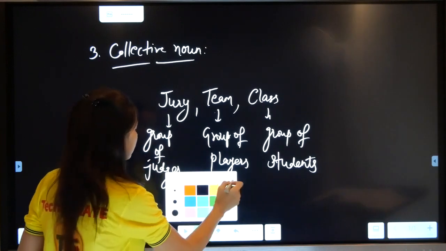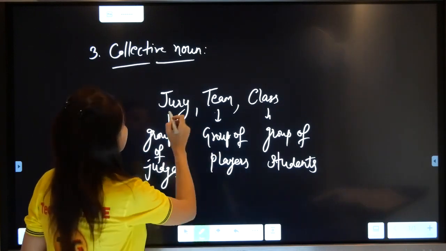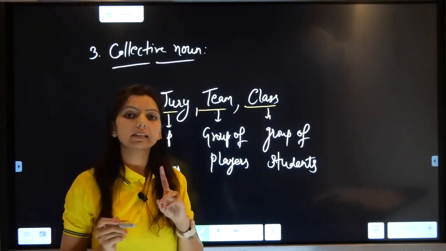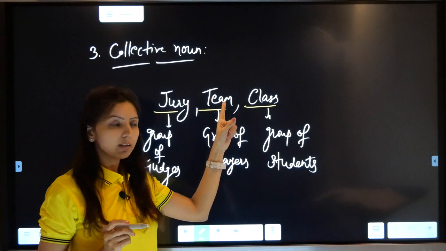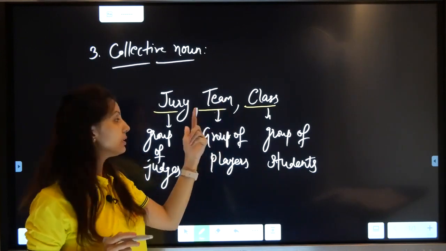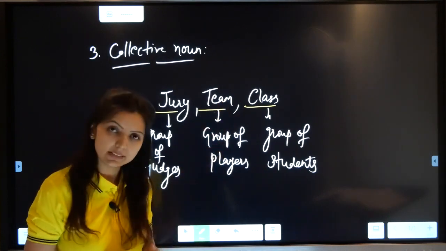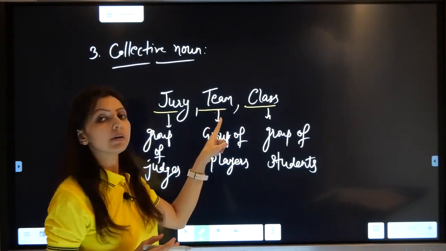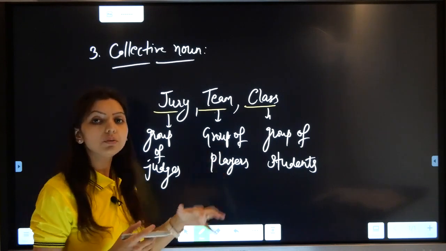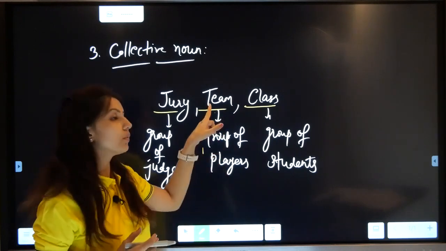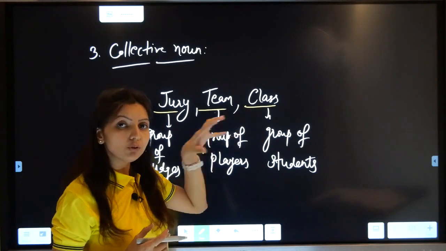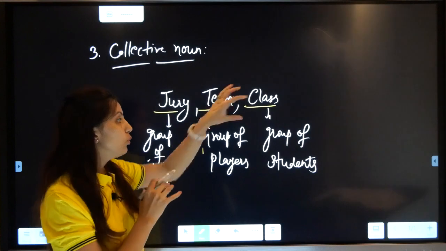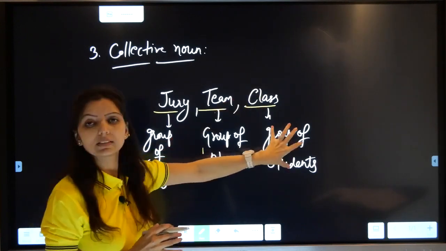You can understand one thing from here, that these words jury, team, class, all these words are single words, but they indicate more than one person in themselves. It is involving more than one person. If I am saying team, I am saying the group of players. I want to convey this meaning through this word. If I am saying class, I want to convey that group of students is there. So my motto to use this word is to express this thing.